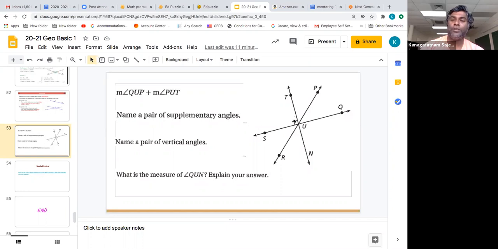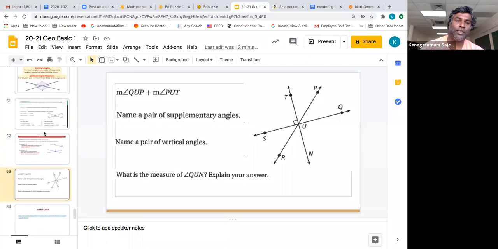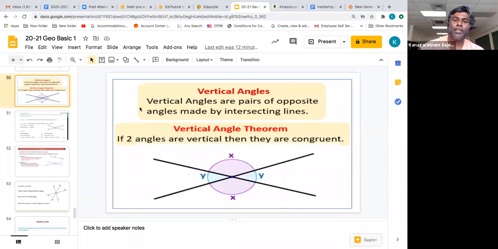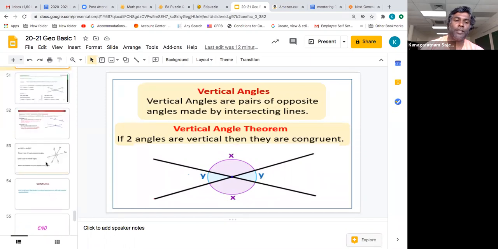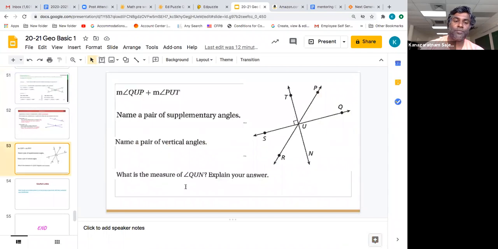So if you can find two pairs of supplementary angles, please let me know. And name a pair of vertical angles. You know what a vertical angle is; we just looked at it. When two lines cross, the opposite angles are called vertical angles. So if you can find that, name it.